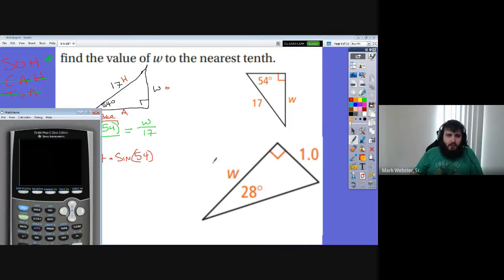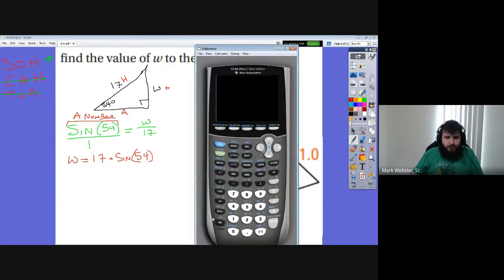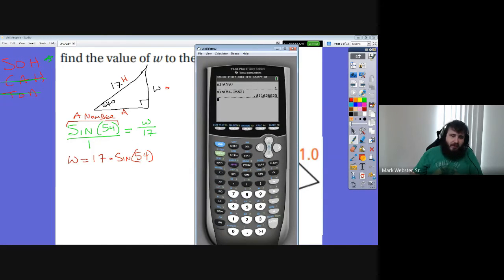So here, let's bring out our friend, the calculator. And we just want to enter this into the calculator: 17 times the sine of 54. And the calculator is literally going to do all the rest of the work for us.